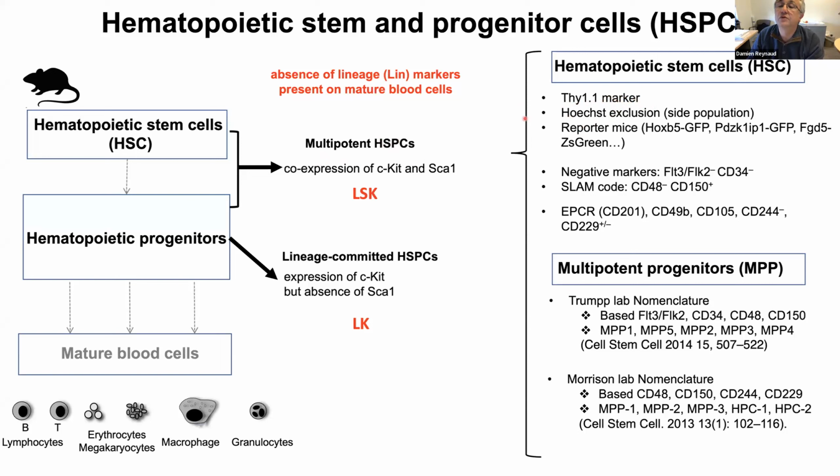Other people have used dyes, particularly the property of a stem cell to exclude some dyes, for example the UX exclusion system, which was promoted by the laboratory of Margaret Goodell in Texas. She defined a side population which exports the UX out of the cells, and this was enriched for hematopoietic stem cells.